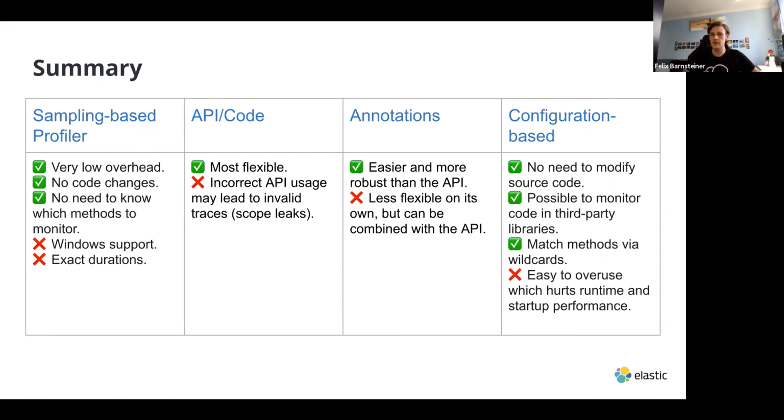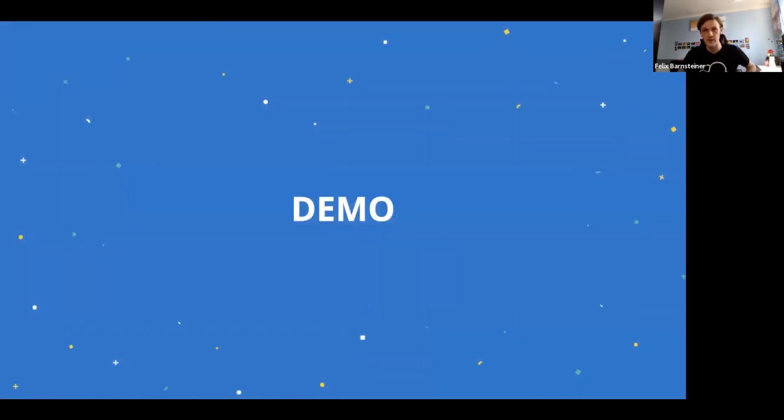And that's really great if you want to do something with no code changes, or you want to look into your third-party libraries. And you can match many different methods with wildcards, but this also leads us to the downsides, because it's easy to overuse and can hurt the performance. All right, with that, let's jump into the demo.